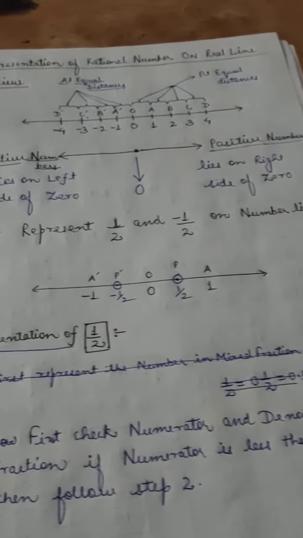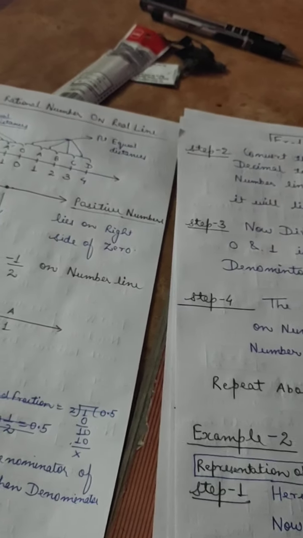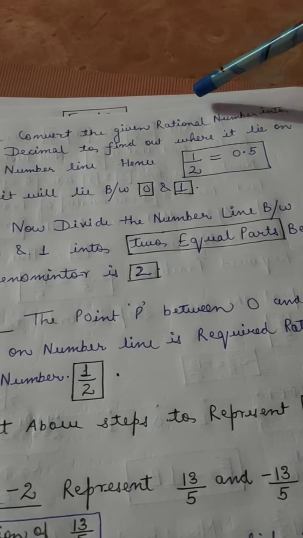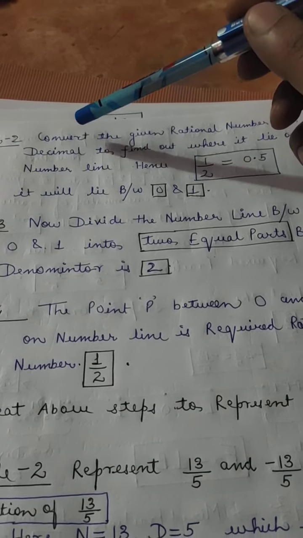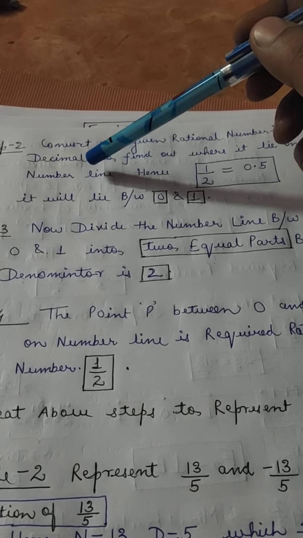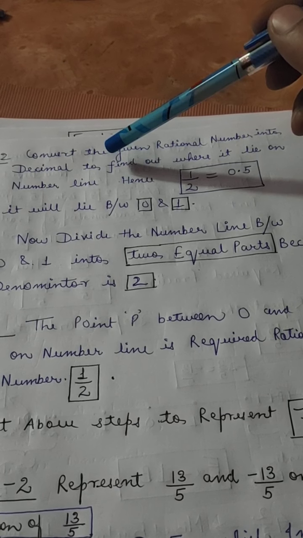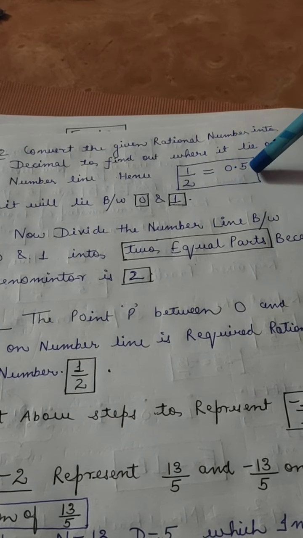So in the second step, what we have to do is convert the given rational number into decimal. First we have to check the decimal representation of 1 by 2. The decimal representation of 1 by 2 is 0.5.